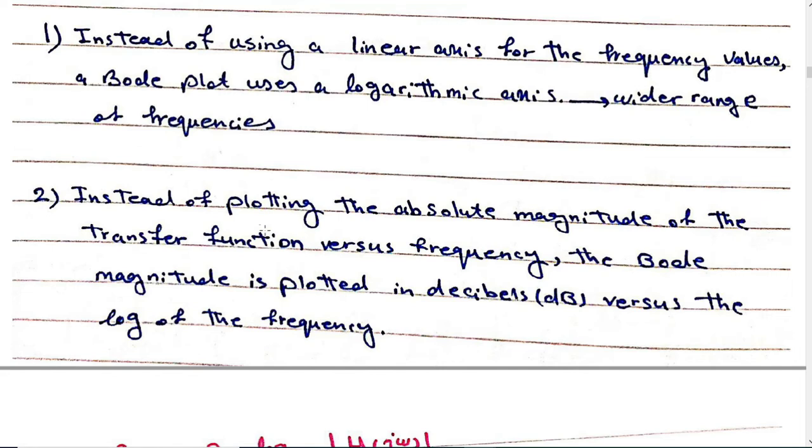And instead of plotting the absolute magnitude of the transfer function versus frequency, now we plot the magnitude of the transfer function in decibels versus the log of the frequency. So what is the decibel? dB, I explained it before.